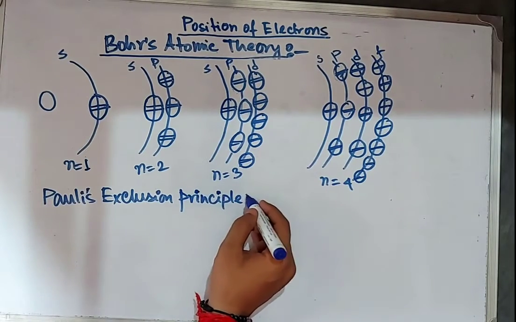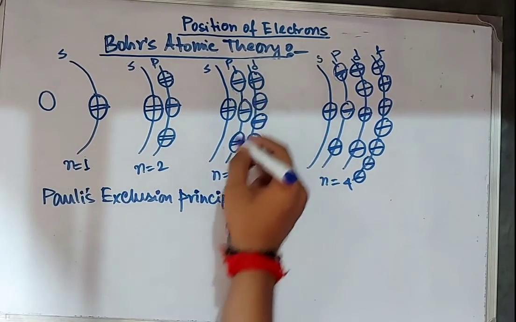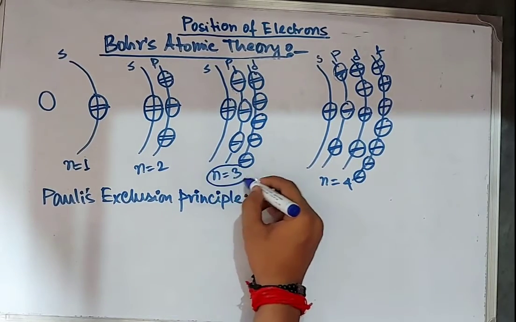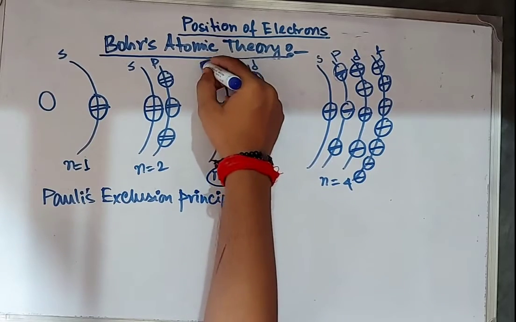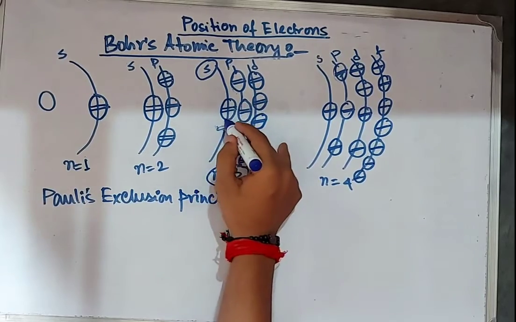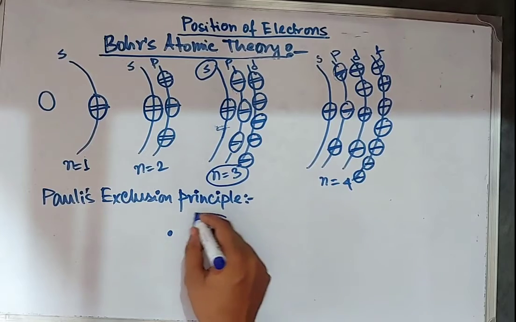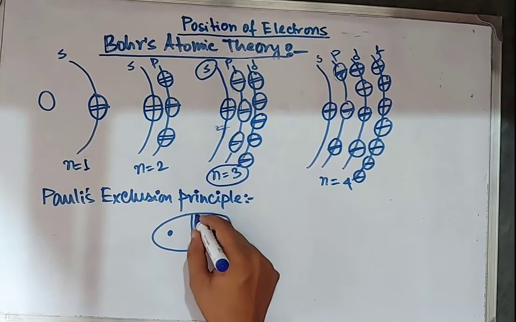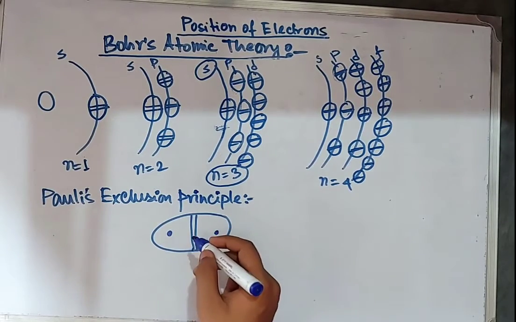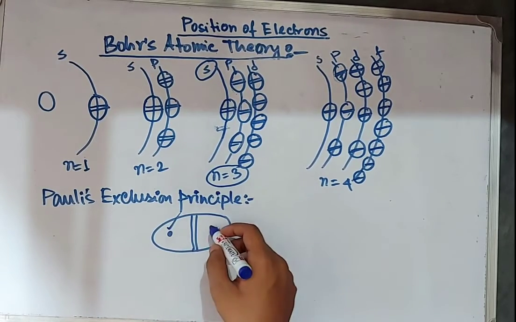The need of Pauli's exclusion principle is this: suppose at n equal to 3, if we talk about the S subshell, it has 1 orbital, and that orbital is having 2 electrons. So how can we locate this electron or this electron?